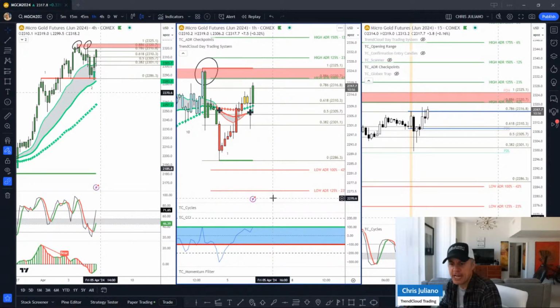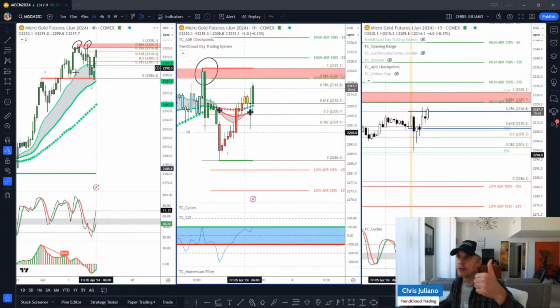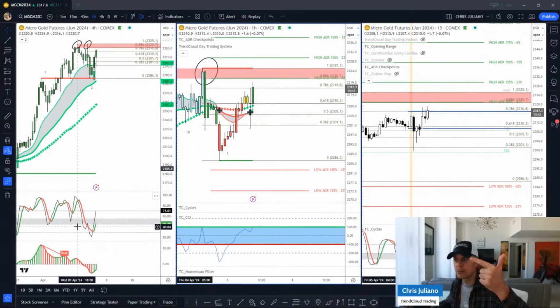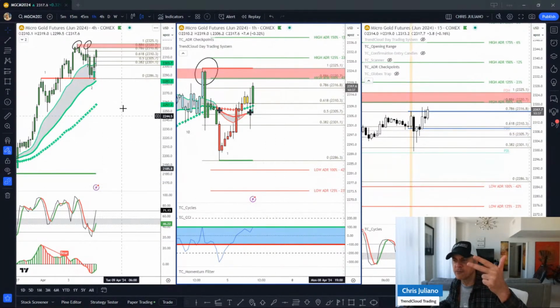So just starting out, just basic stuff, right? Just make sure you've got the basics. Trend, number one, high time frame. Cycle and momentum. Those three elements on the high time frame, make sure they're all going up.